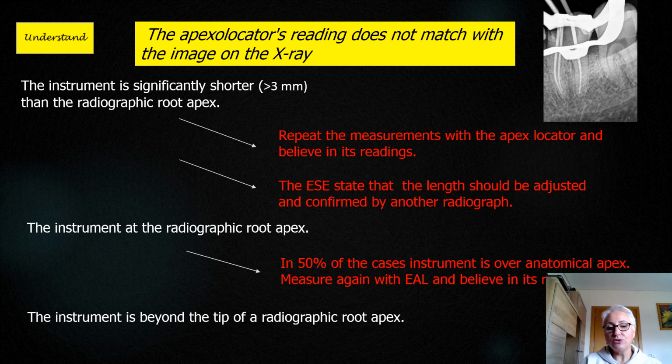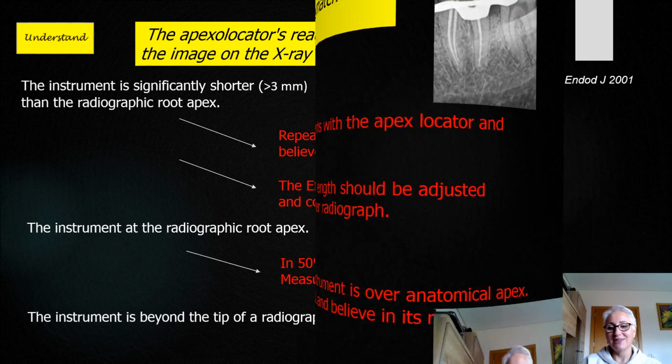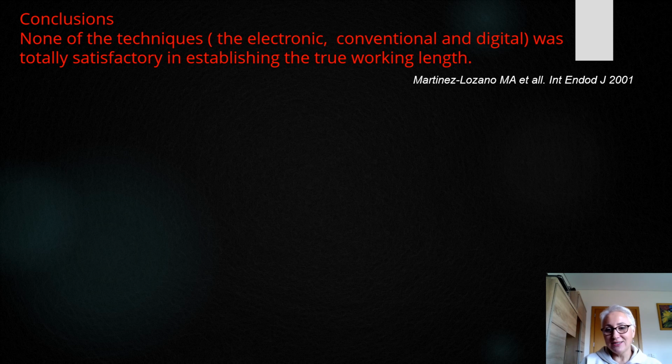And what to do if the instrument is beyond the tip of the radiographic root apex? In that case, I'm telling you it's something wrong with the operator, something wrong with the dentist, or you are deaf, or you are blind, something like this.